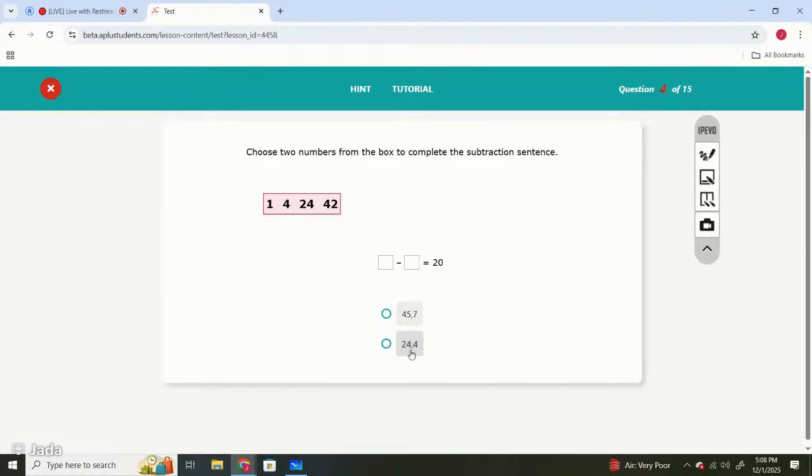That is option number 2. 24 minus 4 makes 20, sorry, not 40.